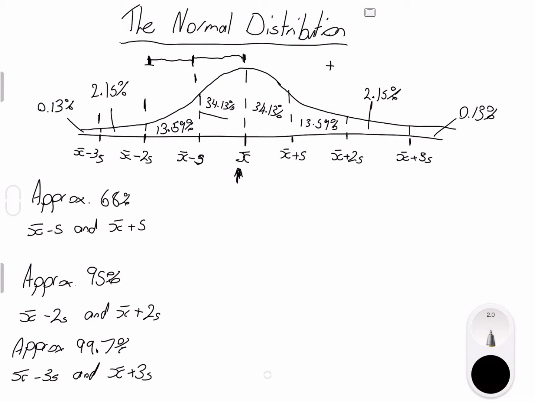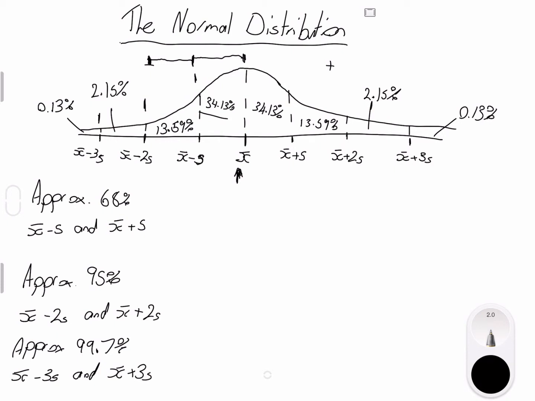And that's really how it's all constructed. So we've got the 2.15%. Anything above that, it's less than 0.3% of the data will lie outside a range of plus or minus 3 standard deviations.